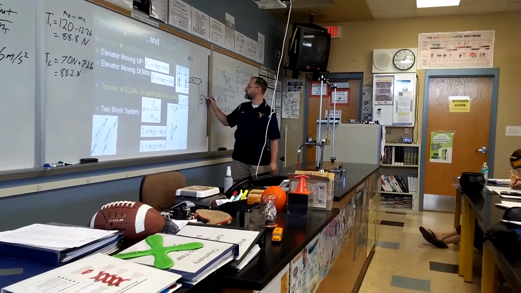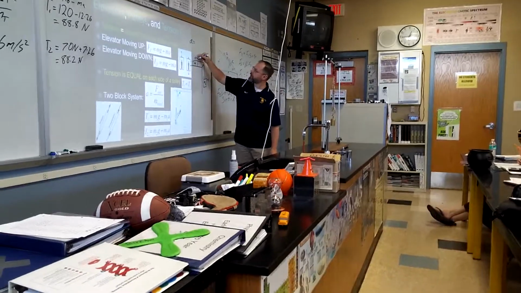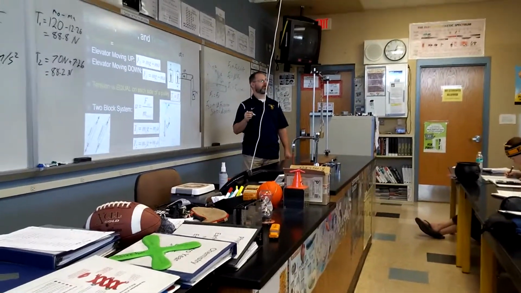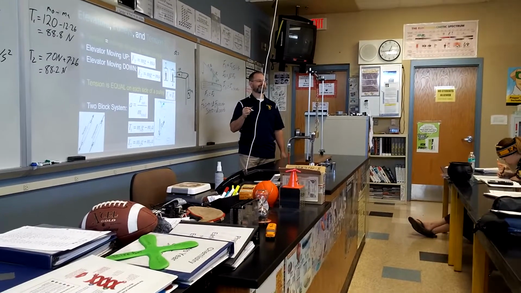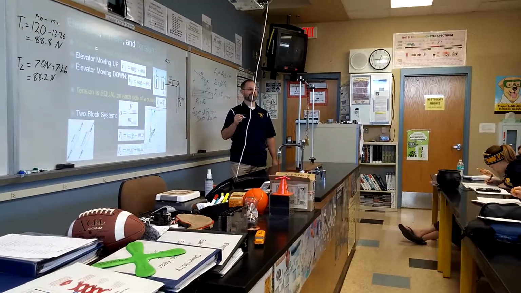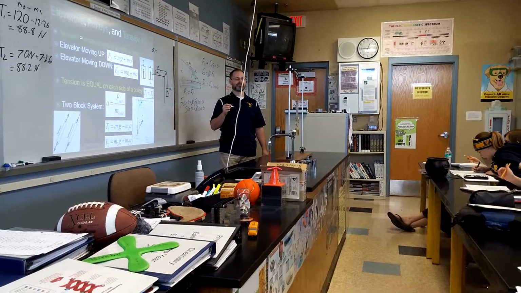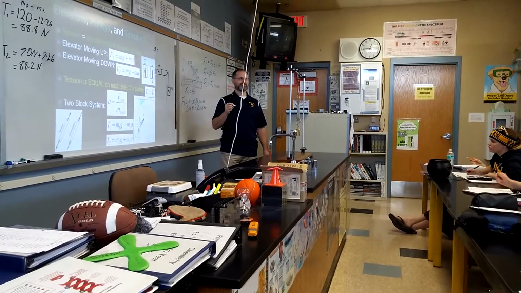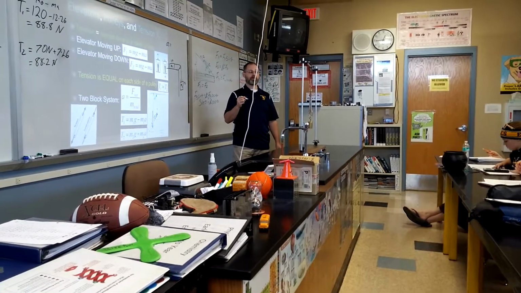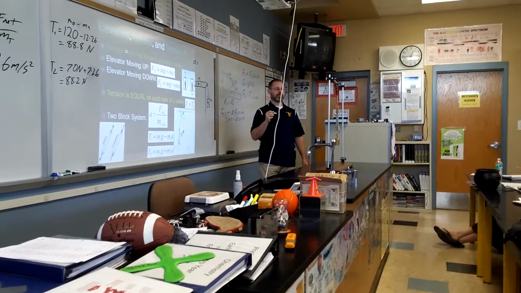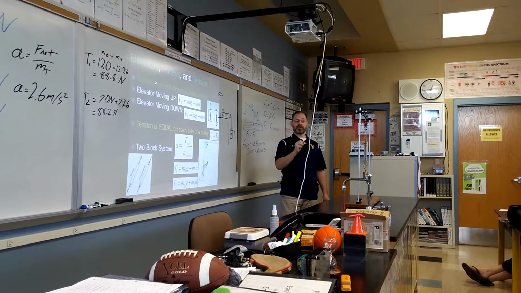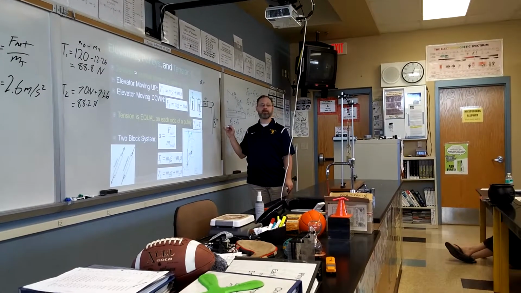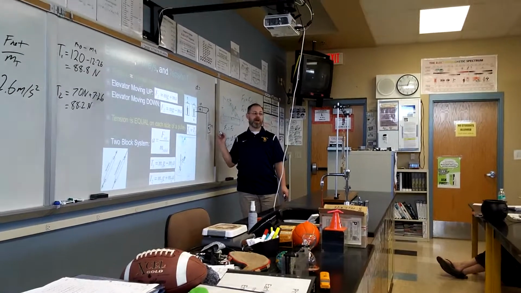This is our 7 kilogram mass. This is our 12 kilogram mass. What is F net? Is it the 120? Well, DJ just mentioned that we only have one mass upon which gravity is acting.